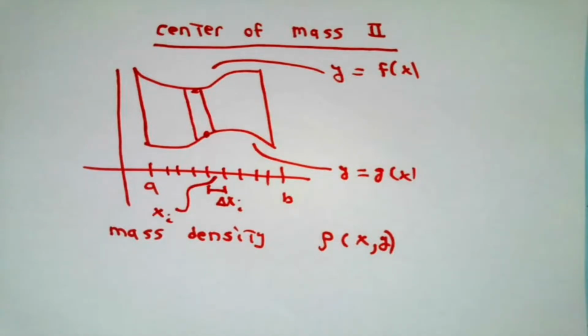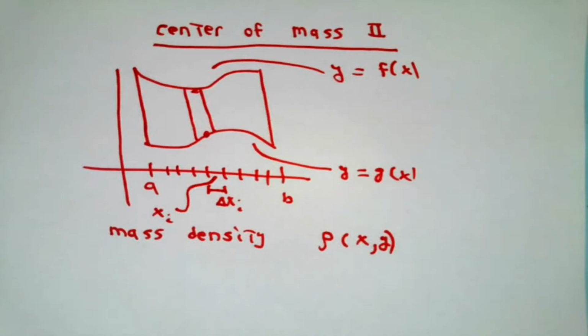As usual, I'm going to divide the range of x values up into smaller subintervals, and I'm going to think about what happens with one of them. So I'm going to pick one of these to look at. Its horizontal width is delta x number i. In the end, that'll end up tending to 0.